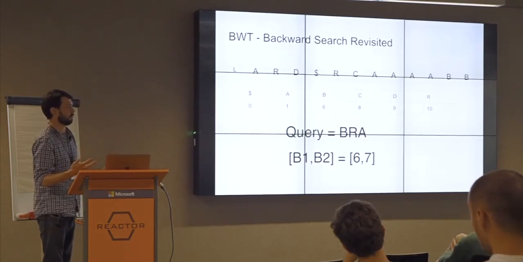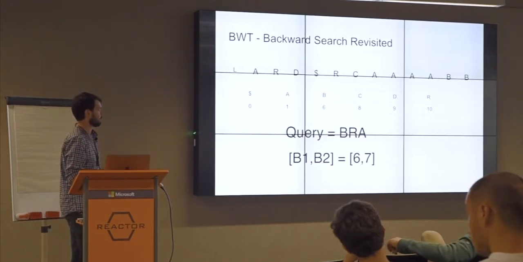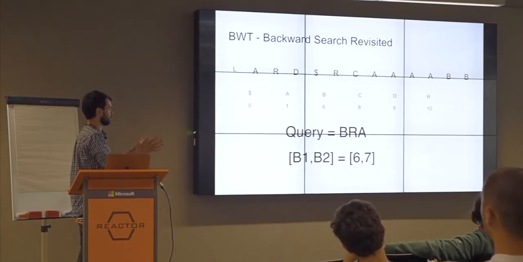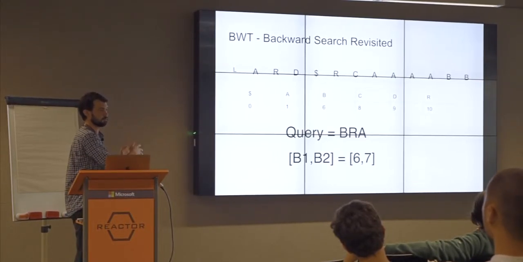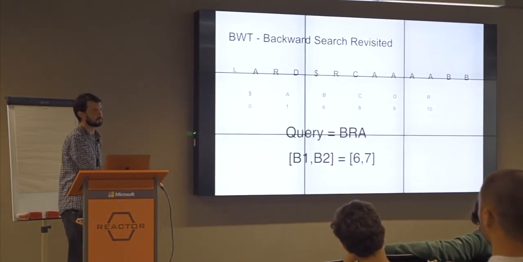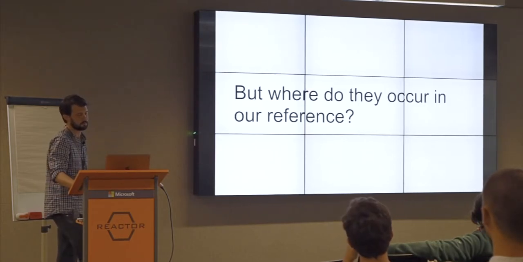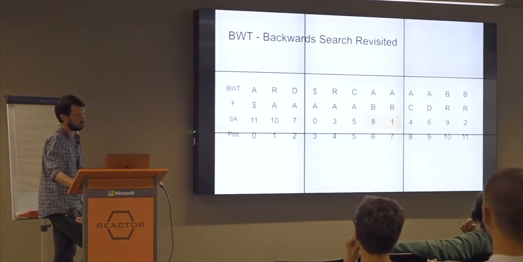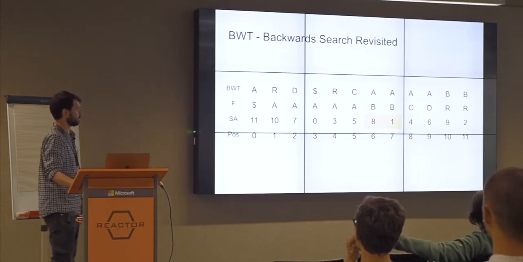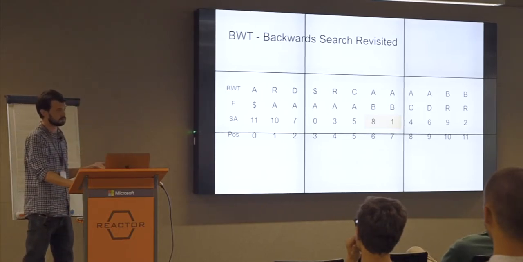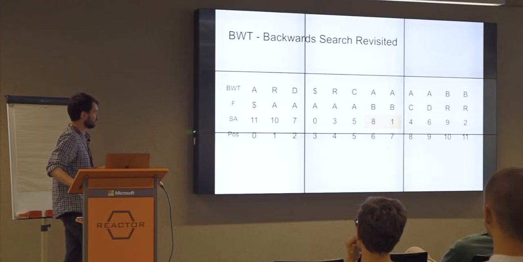And so now the issue we're going on to is that, yes, they occur at 6 and 7. There are two occurrences, but where were they in the original untransformed string? One possibility is just to keep the entire suffix array, but as we saw, that was really expensive. When you're dealing with human-sized genomes, we're talking 10, 12 gigabytes.